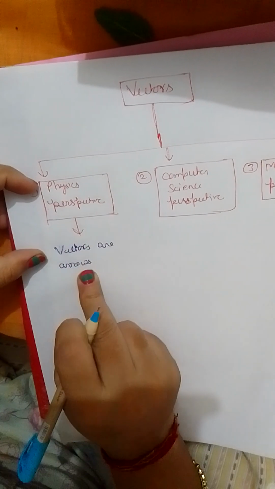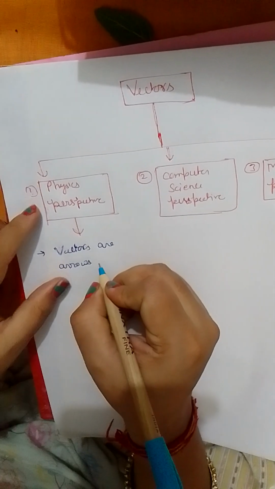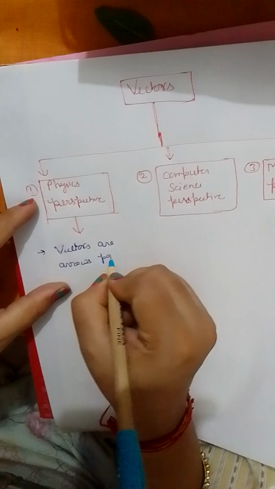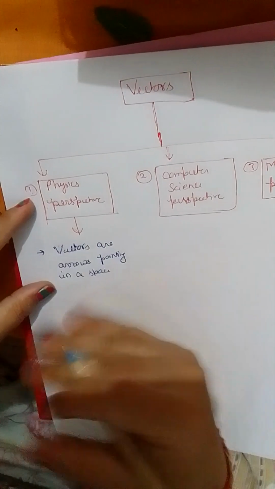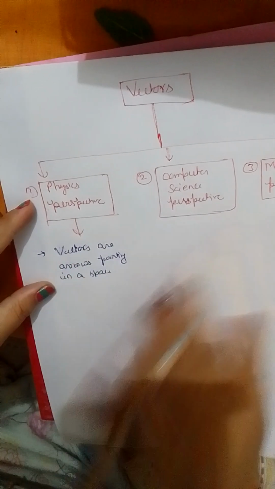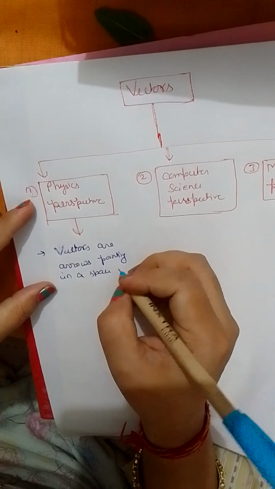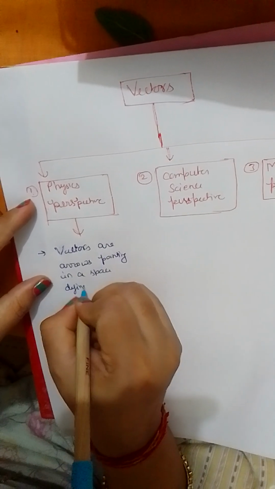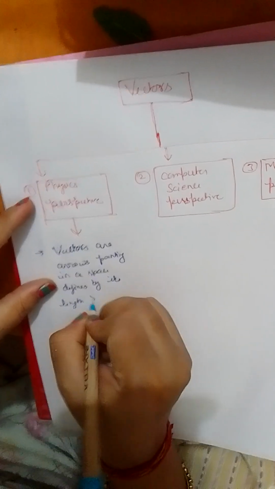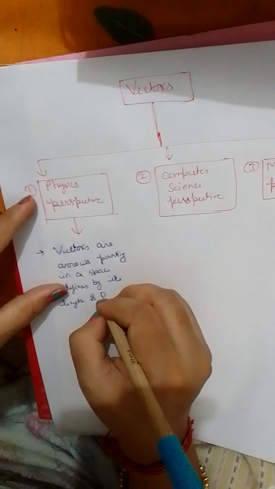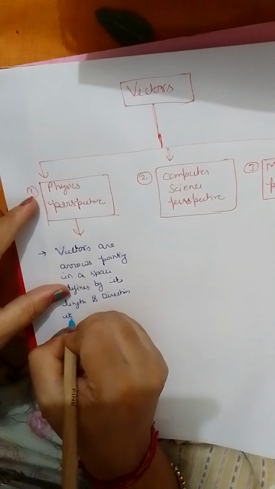From the physics perspective, the vector definition would be: vectors are arrows pointing in a space, an empty space, or maybe a flat surface, defined by its length and direction. In which direction is it pointing?